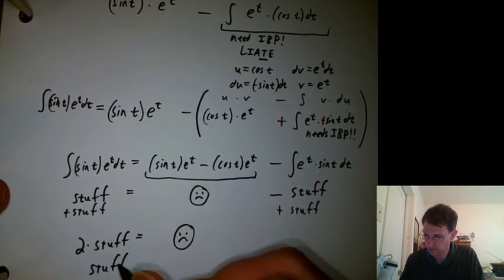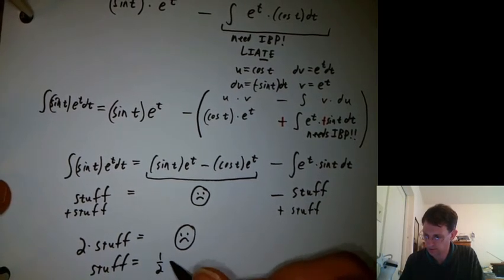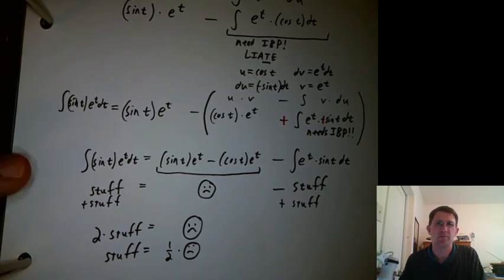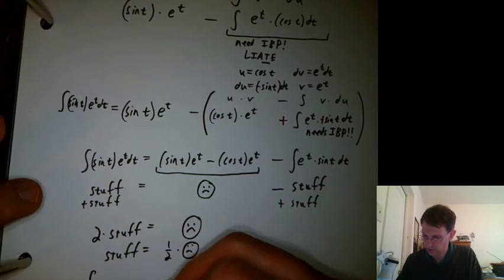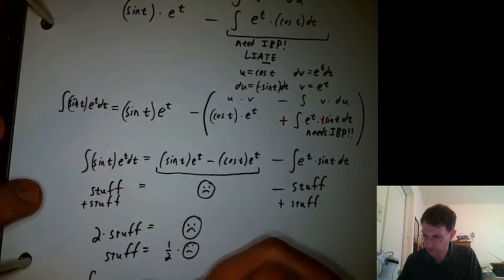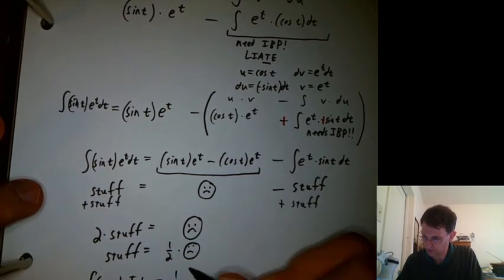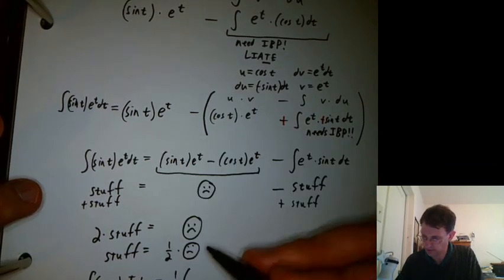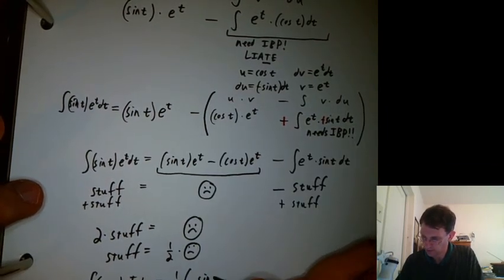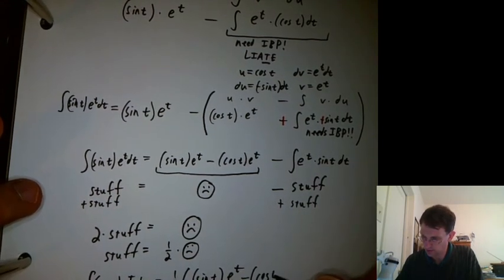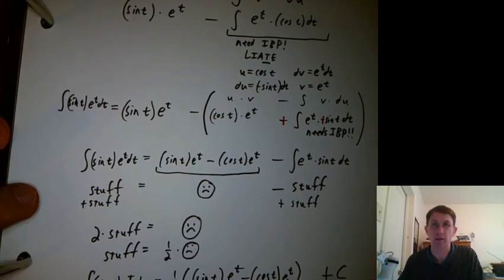So stuff equals 1/2 times frowny face. And we're done. Maybe we should put back the original symbols. So the integral of sine t e to the t dt, that was our stuff, is 1/2 times this frowny face expression, sine t e to the t minus cosine t e to the t. And maybe now we can throw in a plus C.